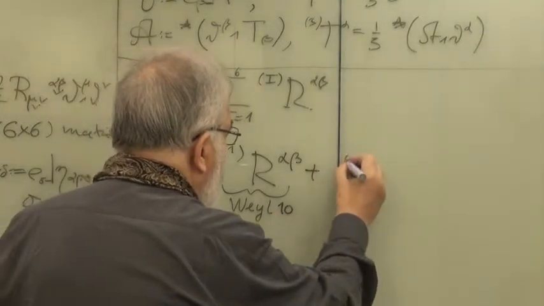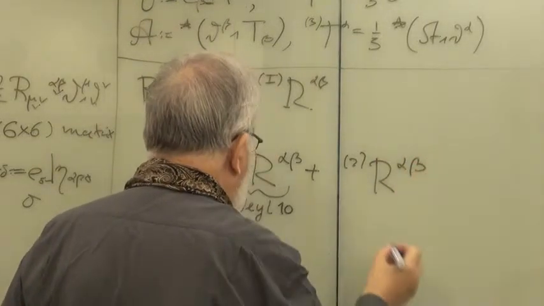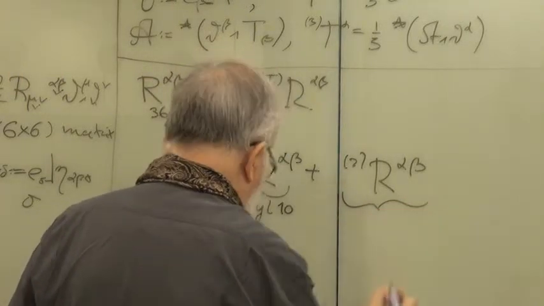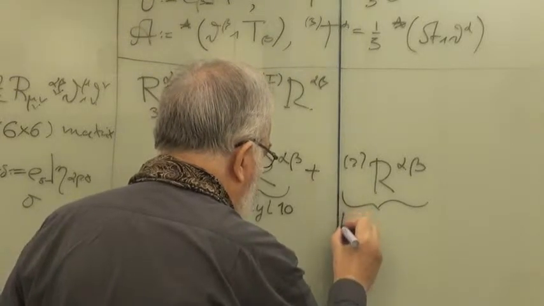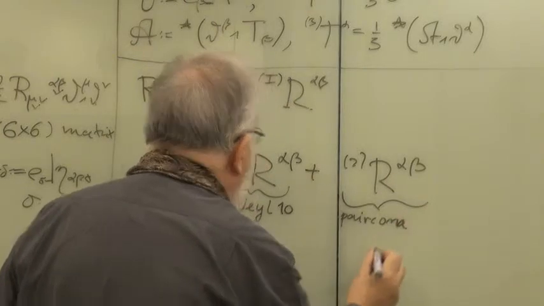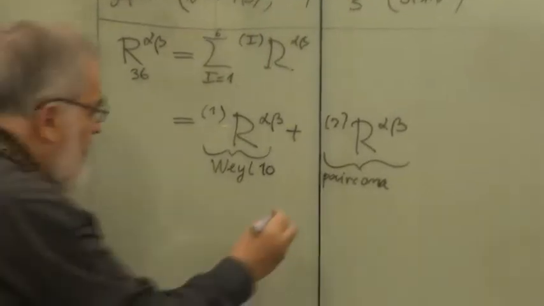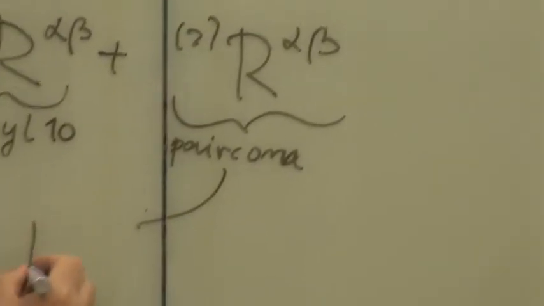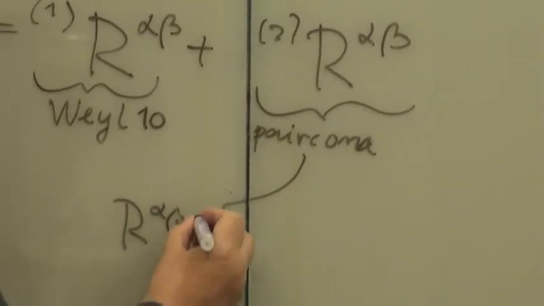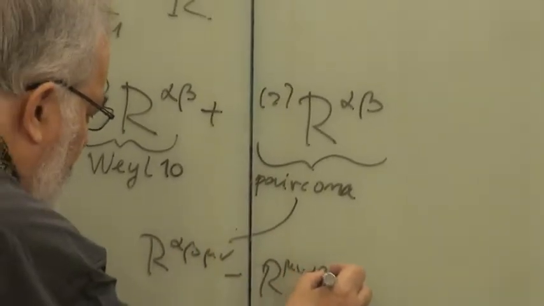The second piece is not present in Einstein's theory. This is of course conventional, what we call the second piece. We ordered it according to a certain principle, which we call Aircom. Aircom means: in Einstein's theory, both pairs commute, but if they don't commute, you get some kind of construction like R alpha beta mu nu minus R mu nu alpha beta.